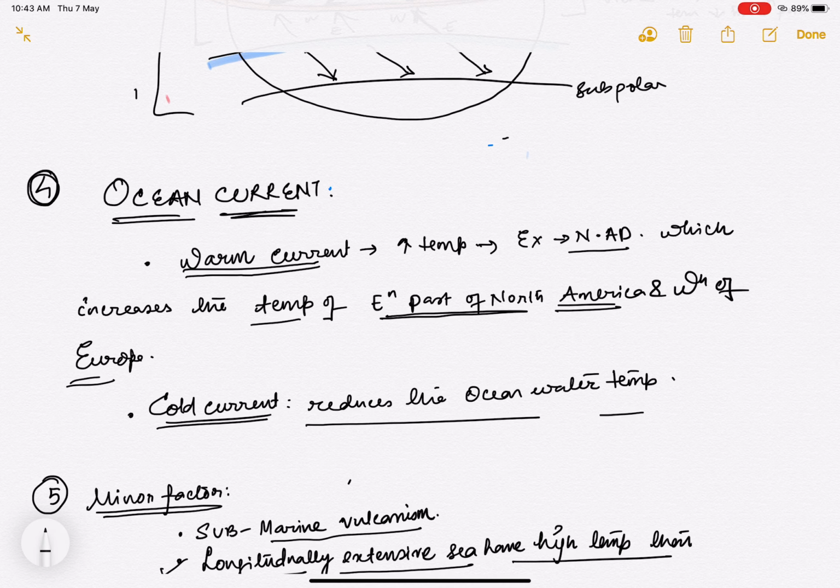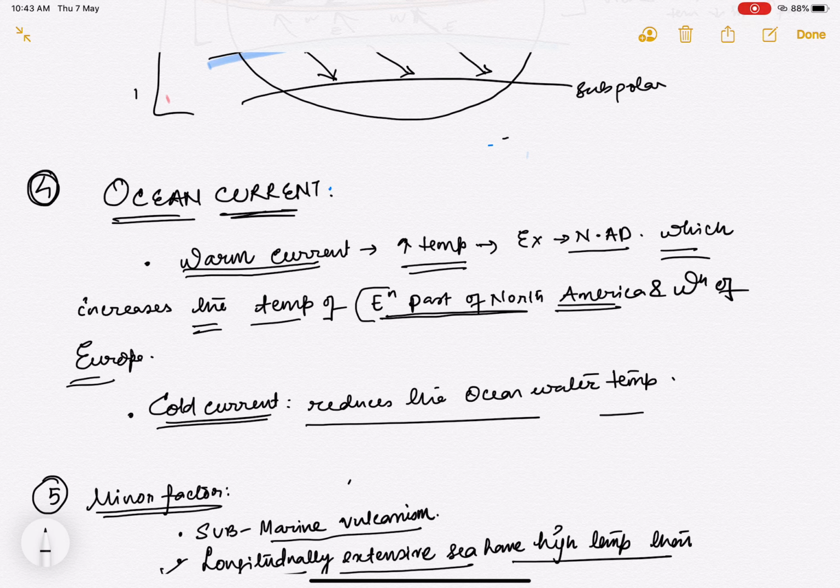Next, ocean current. In a warm current, the temperature rises. Example is the North Atlantic drift. I have already talked about it in your salinity portion. See, with the warm current there is a rise in temperature.